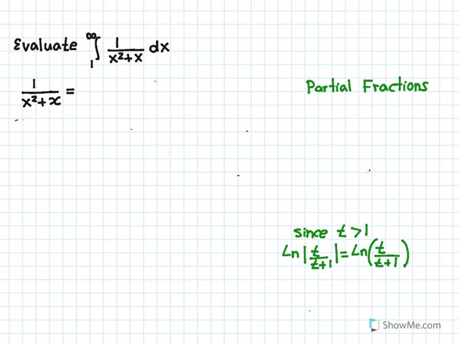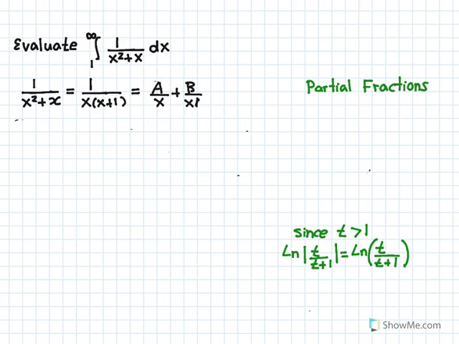Here we have the integral from 1 to infinity of 1 over x squared plus x dx. We're going to apply partial fraction decomposition. 1 over x squared plus x can be written as 1 over x times (x plus 1). That's equal to a over x plus b over x plus 1.